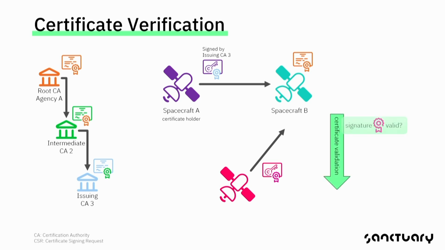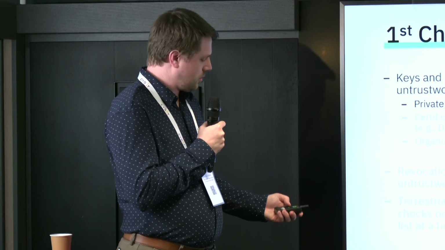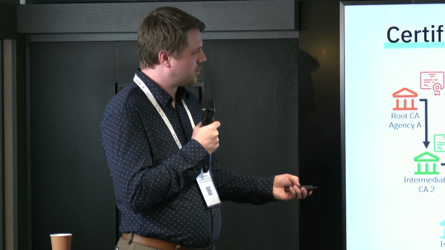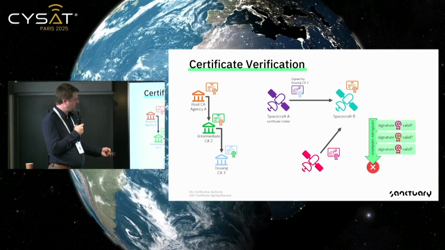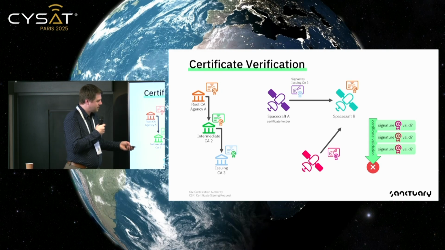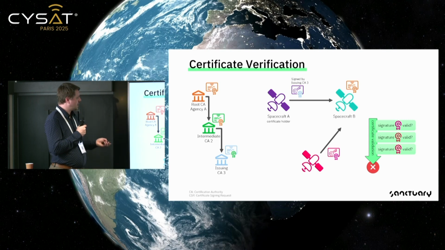But when it sends then its own certificate, it can make all kinds of intermediate certificates, but it will never be able to get a chain here that goes back to the orange one, which means the spacecraft B will say, okay, I don't know where exactly it's wrong, but I cannot validate it with my own root certificate. I will just reject it. And therefore, the red guy cannot anymore intercept the communication, make a man-in-the-middle attack or something.